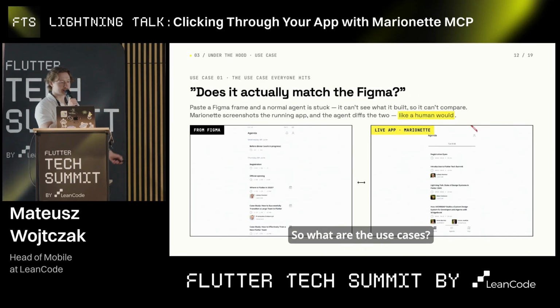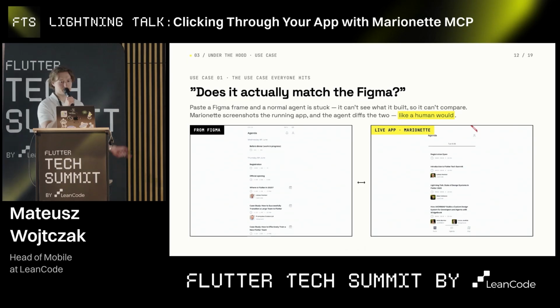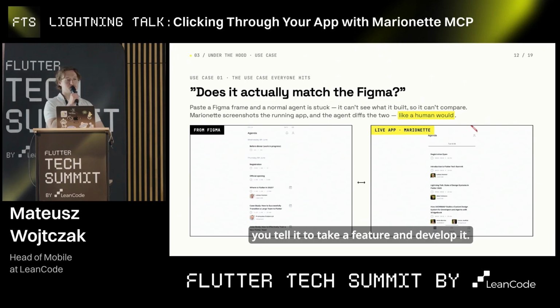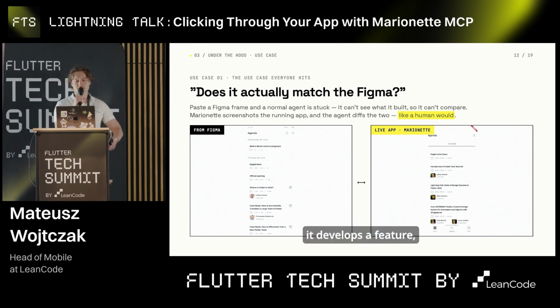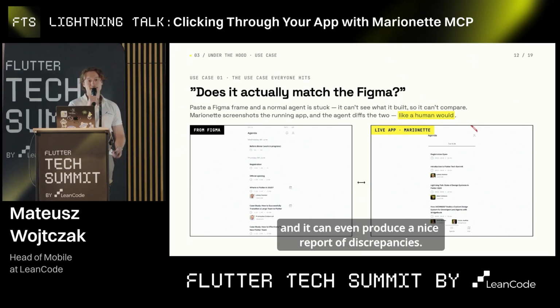So what are the use cases? The first use case is with Figma. This is the one that I started with when I was playing around with Marionette. So you have a screenshot from Figma. You tell it to take a feature and develop it. It takes a screenshot from Figma on the left side, develops a feature, takes a screenshot on the right side, compares it, and it can even produce a nice report of discrepancies.